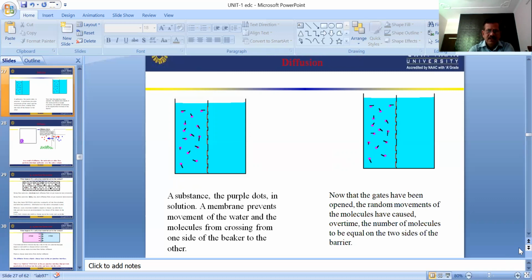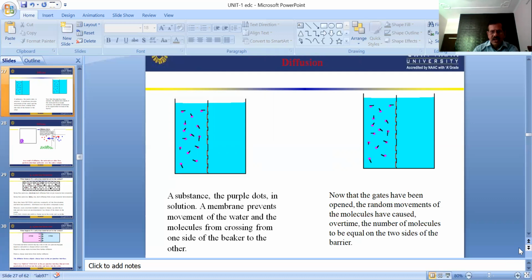This is the first figure. In the second, now that the gates have been opened, the random movement of molecules has caused over time the number of molecules to be equal on the two sides of the barrier. This is the phenomenon of charge carriers' movement in a semiconductor device.